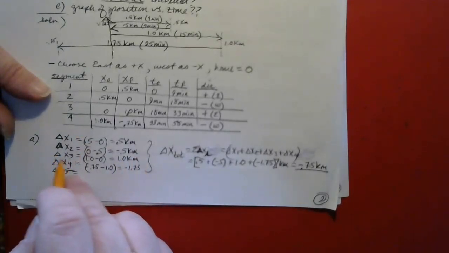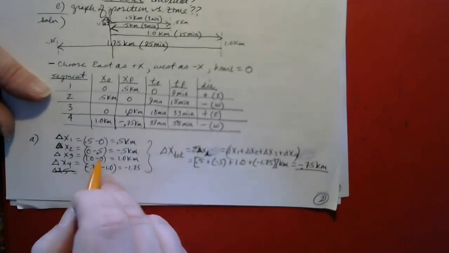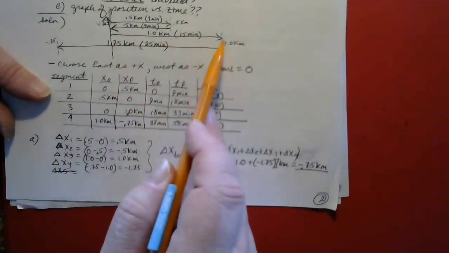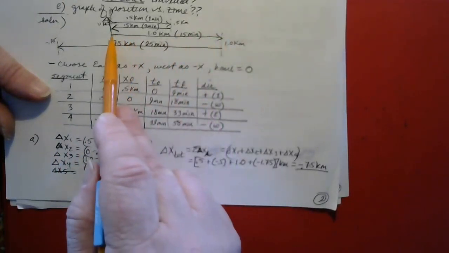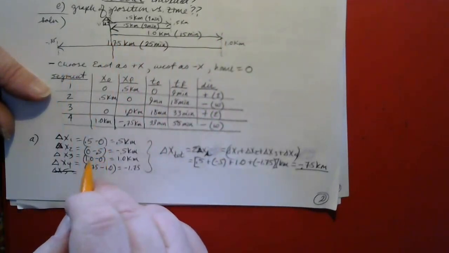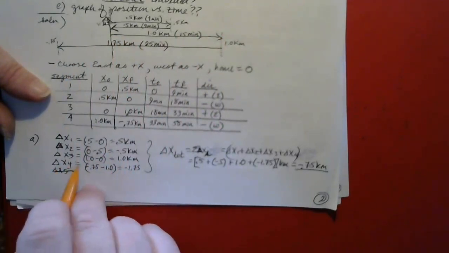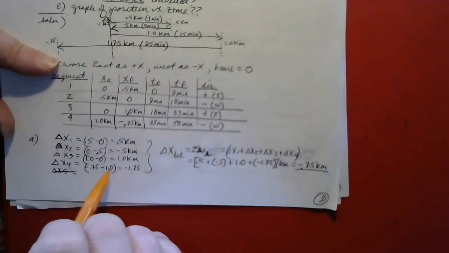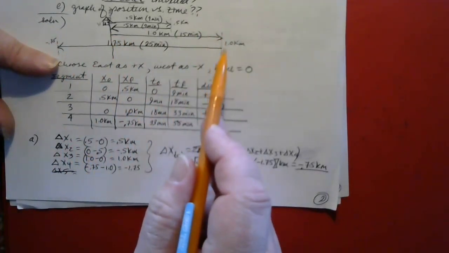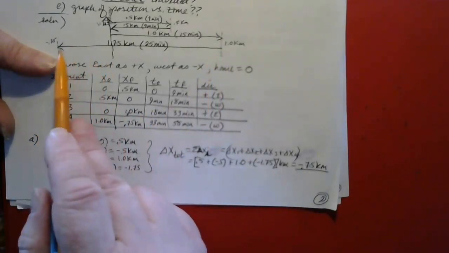The third leg of the journey, the displacement is the final point minus the starting point. So the final point would be 1 kilometer, and the original point was 0. So that's 1 minus 0, which is 1 kilometer. And the fourth segment started at 1 kilometer right here, and it ends at negative 0.75 over here.